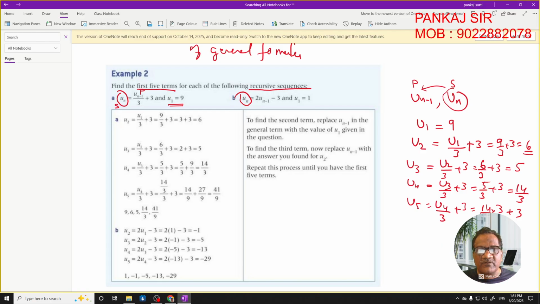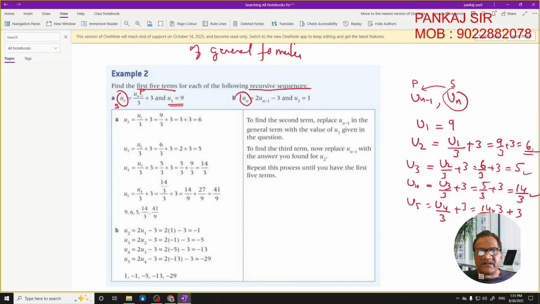Okay, something wrong over here. This is 14 upon 3, that's correct. This is 5, this is correct. This is 6, this is correct. Here I made some mistake. It is u4 upon 3 plus 3.